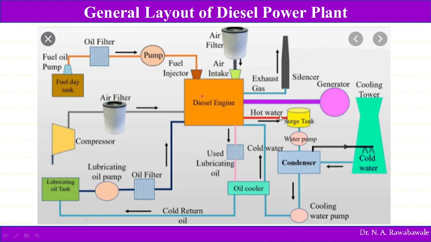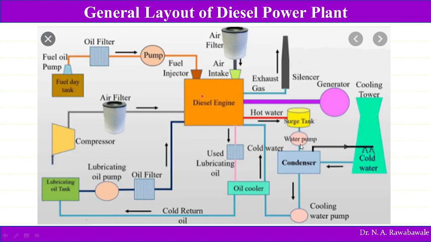The hot water comes out of the engine, and here is the surge tank. Then this water is passed into the condenser, where it is cooled. Again the cooling pump recirculates the cold water into the engine through the pump and oil cooler. In the condenser, cold water is circulated to carry away heat from the water coming out of the diesel engine.